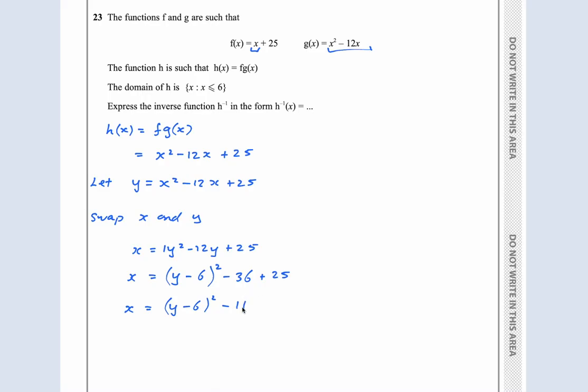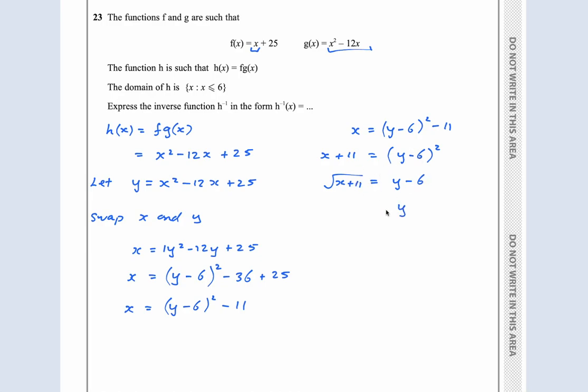Okay, now I need to rearrange to get y. So I'm just going to go up here, guys. X equals y minus 6 squared minus 11. I'm going to add the 11, so x plus 11 equals y minus 6 squared. I'm going to square root both sides, so I get y minus 6 equals square root x plus 11.